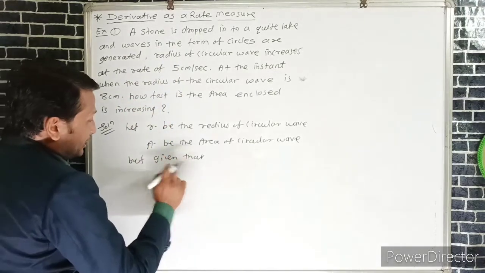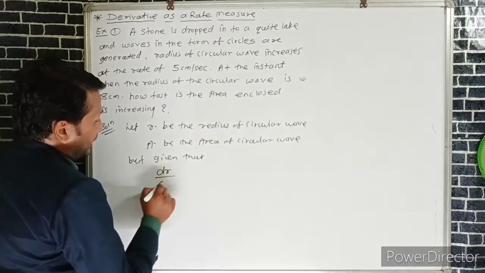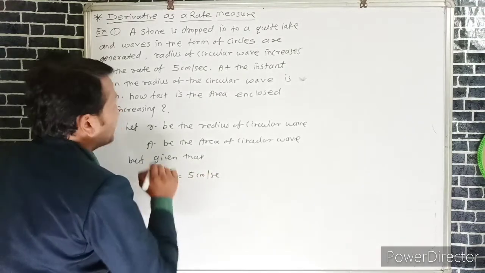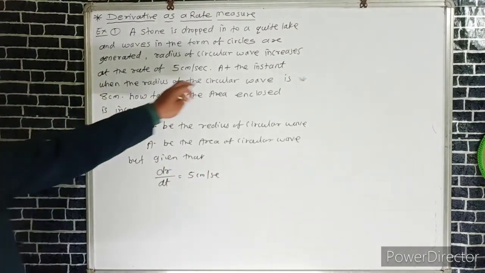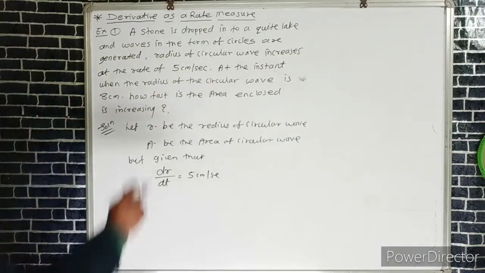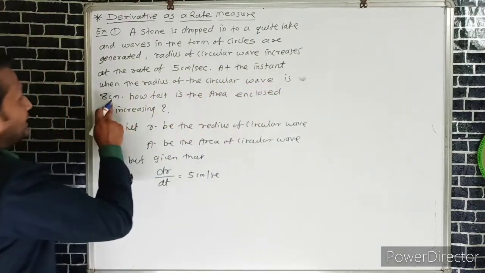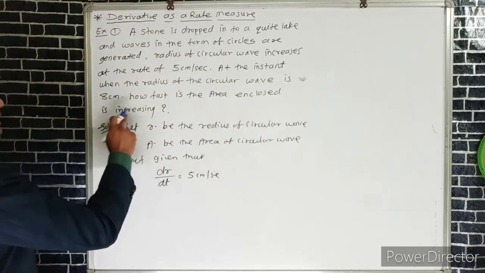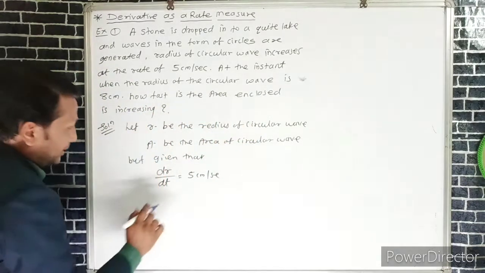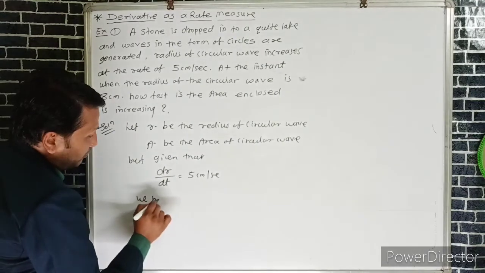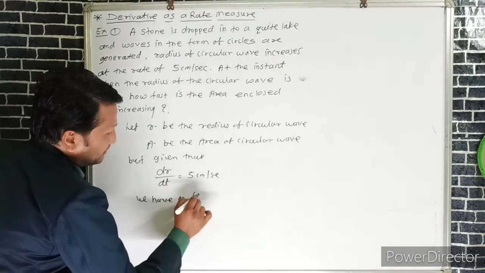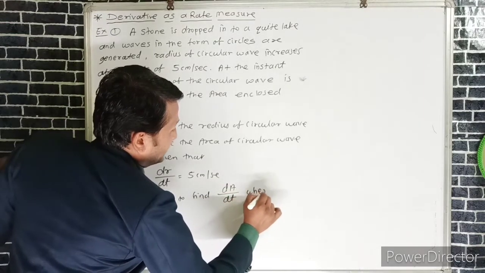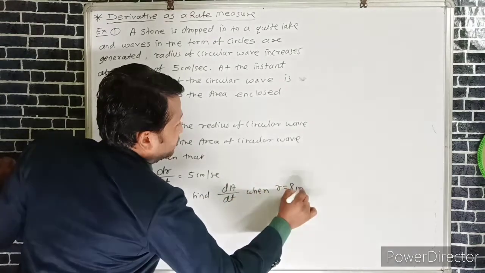It means given that dr upon dt equals 5 centimeter per second. We have to find, at the instant when the radius of the circular wave is 8 centimeter, how fast the area enclosed is increasing. It means we have to find dA upon dt when the radius is r centimeter.